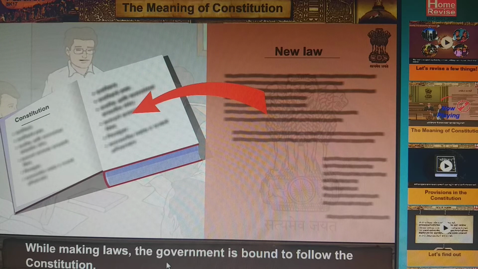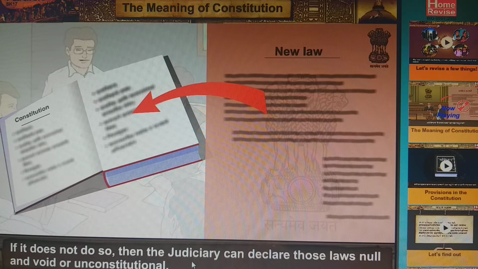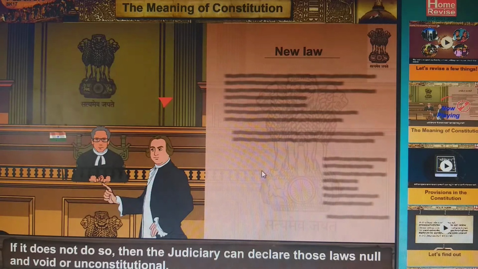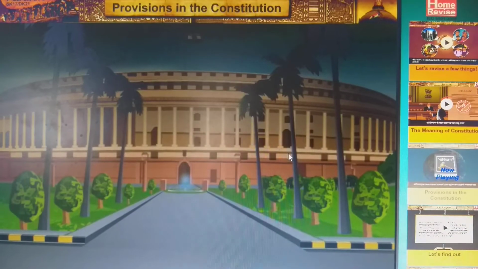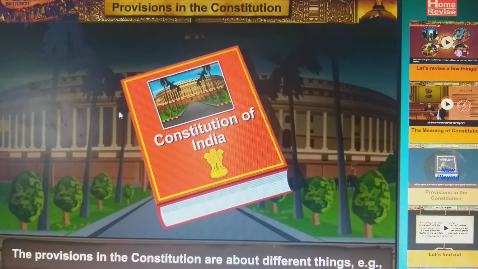While making a law, the government is bound to refer to the constitution. If they make a law outside of this constitution, then that law is said to be null, void or unconstitutional.